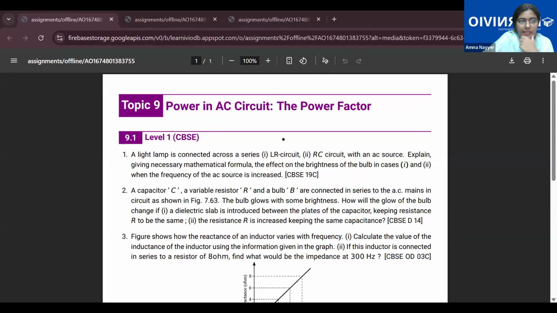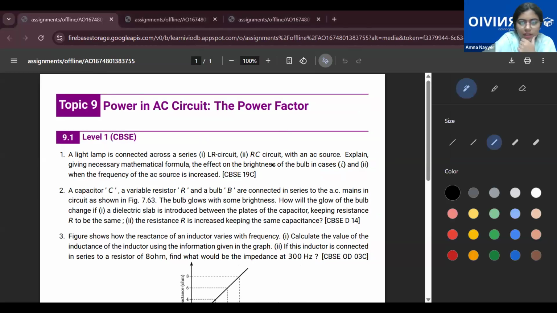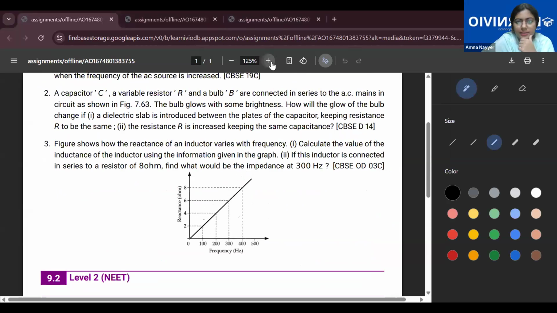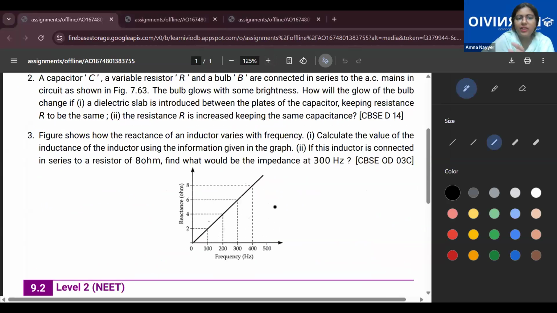Class, in this, I think the rest of it you were all able to attempt properly. Third question you had a little trouble with. Let me discuss this. See, this question says figure shows how the reactance of an inductor varies with the frequency. Calculate the value of the inductance of the inductor using the information of the graph. See, you have the frequency, you have the reactance given.